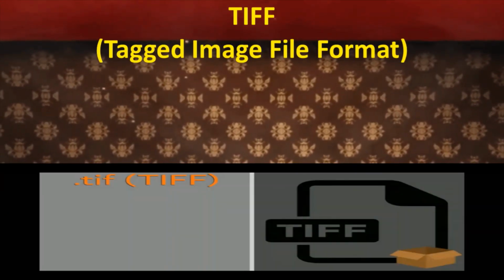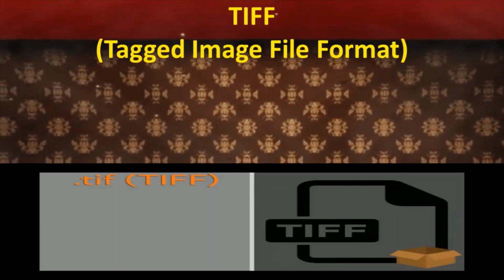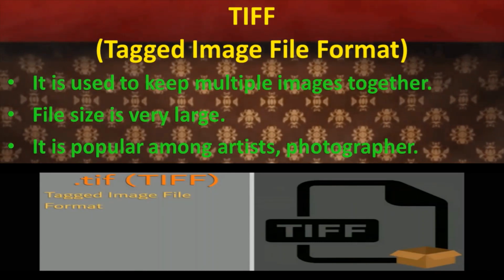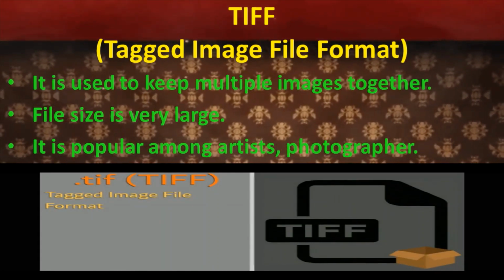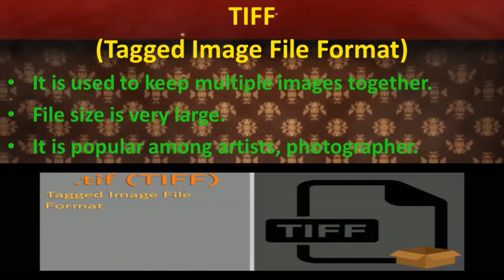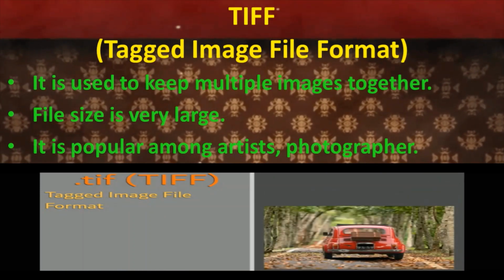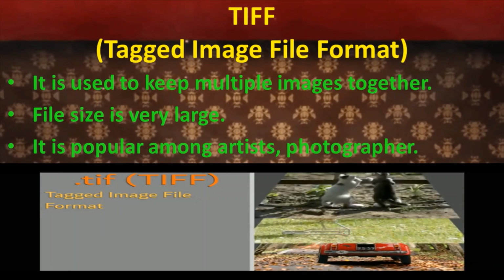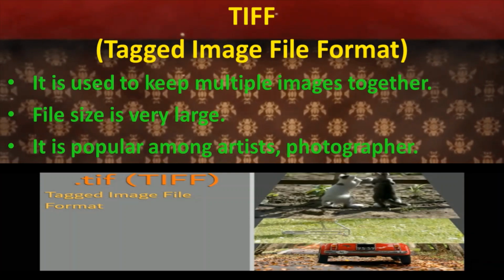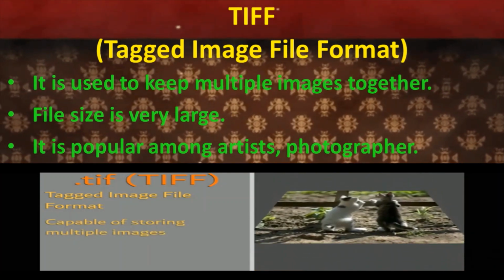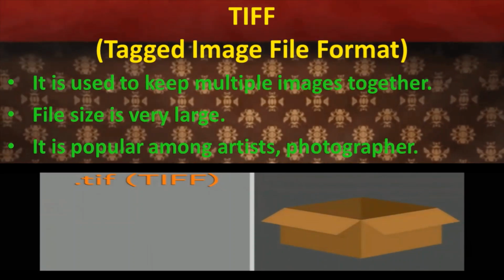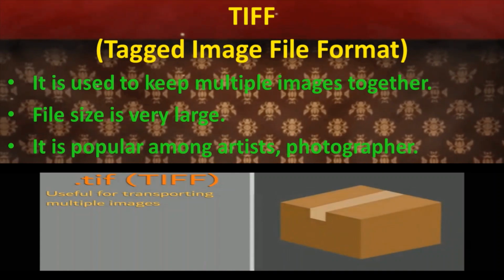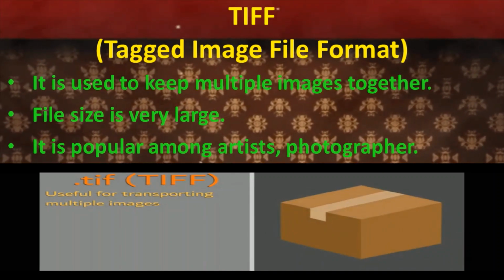Next file format is TIFF, that is Tagged Image File Format. Now this file format is used when we want to store multiple files together. Generally only a single image file is there, but in TIFF you can store multiple images together in a single location.